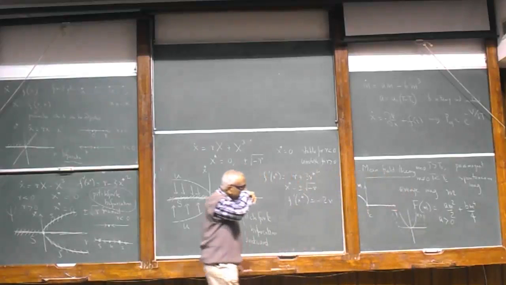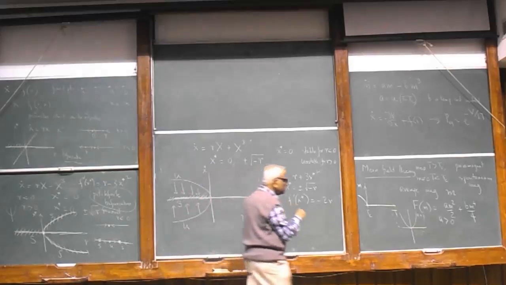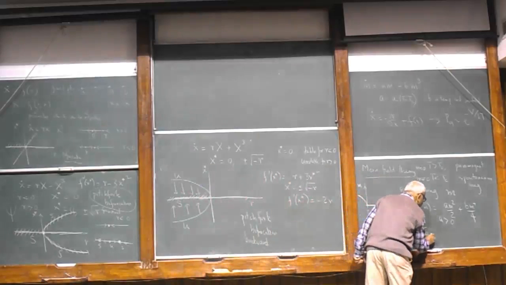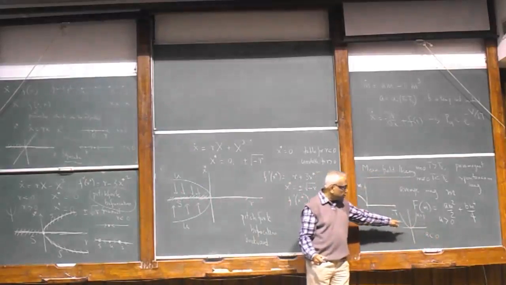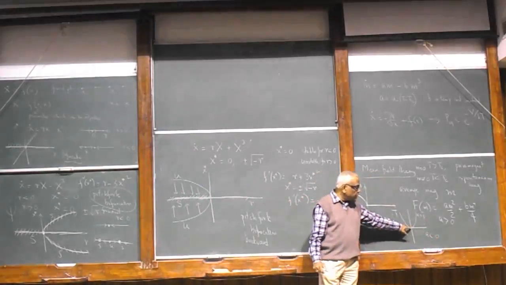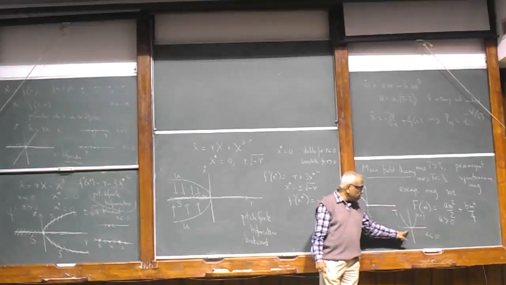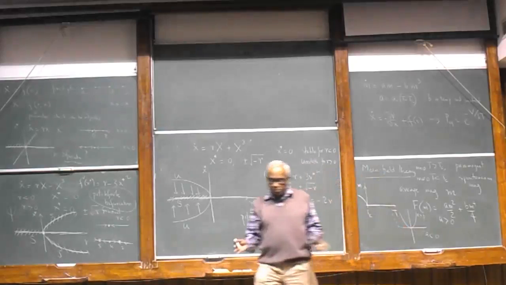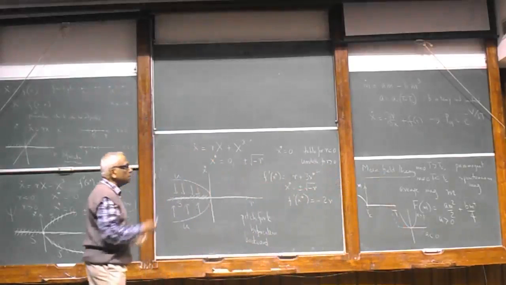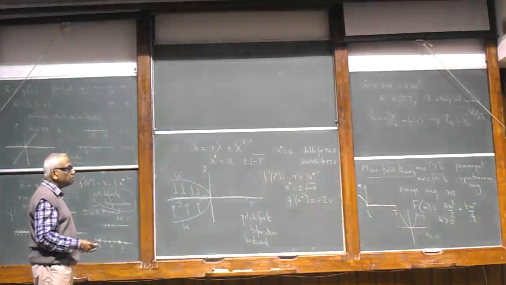So the favored state of the system, which is the minimum, is m equal to 0 in one case and m not equal to 0 in the other. So that is the mean field theory of second order phase transitions.